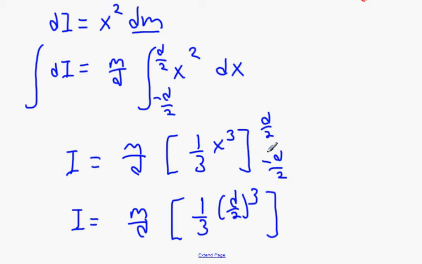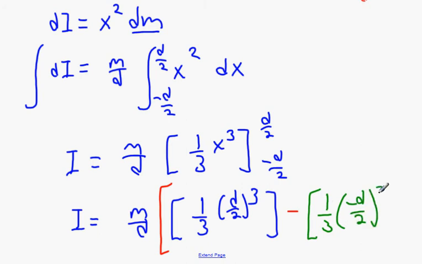I'm just going to put it in a larger set of brackets here, the red brackets, separating out the m over d. And then the second part is going to be minus a third, the second limit in green, a third minus d over 2 cubed.